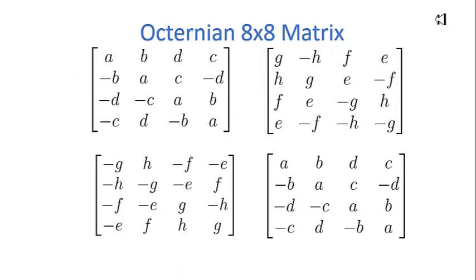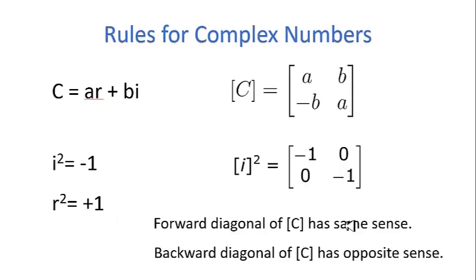So this is technically a complex number, at the very least it satisfies the rule of forward and backward diagonal that I suggested for the complex numbers, the rule that I showed you at the very beginning. The forward diagonal has the same sense, and the backward diagonal has the opposite sense.